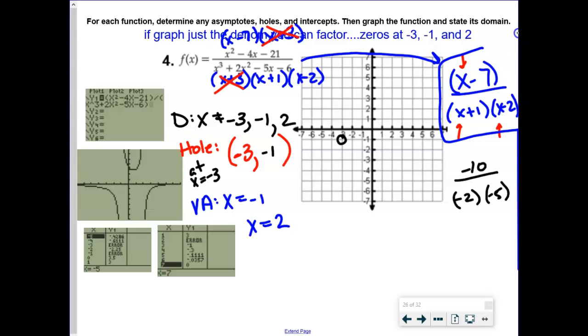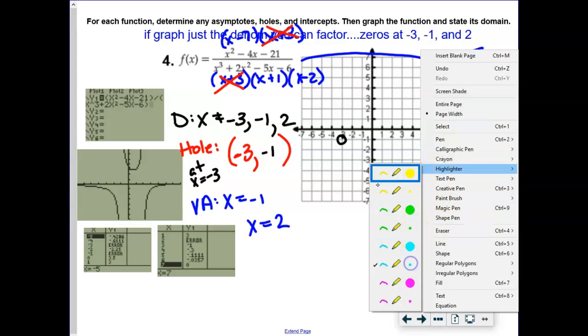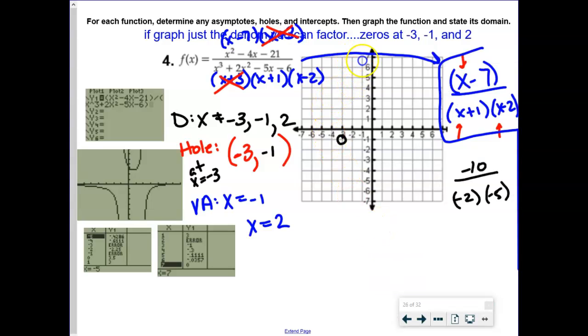So I'm going to bust out my highlighter, and I'm going to graph a vertical asymptote at x equals -1, kind of, and then at x equals 2. Now notice, I didn't put an asymptote at x equals -3, which is the mistake that a lot of kids do, because they're like, denominator is all vertical. No, sometimes they're holes, so be careful.